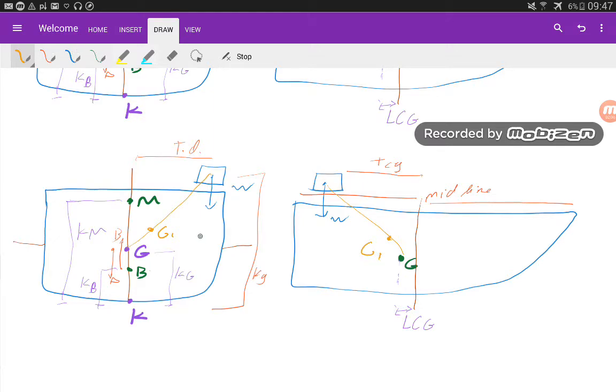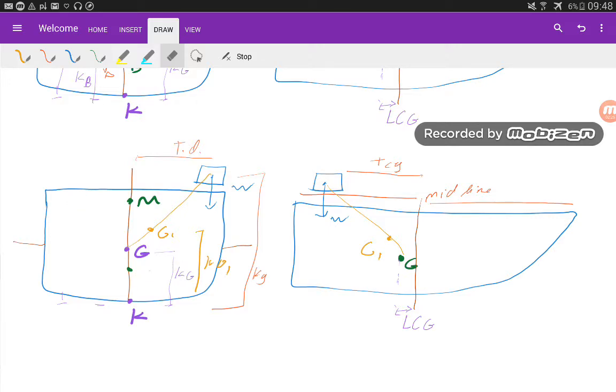And now we are going to find the new distance for KG1, and the transversal center. Let me erase whatever we don't want here, so that it will be easier for us.